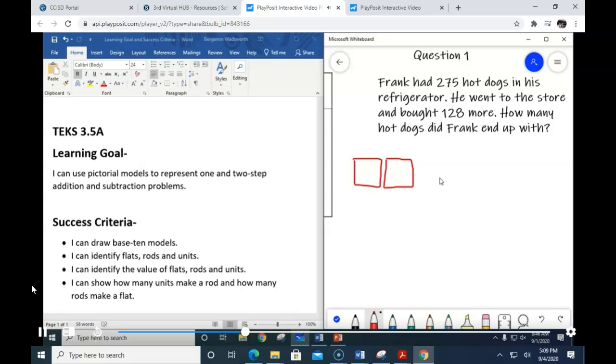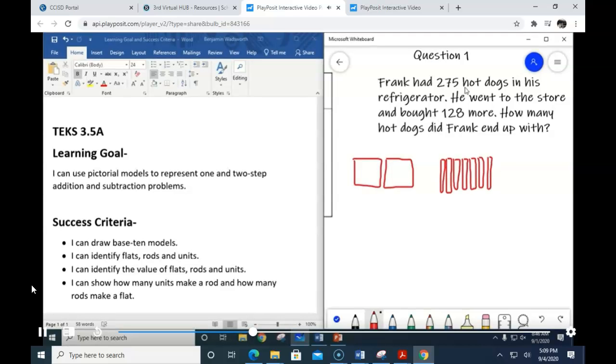Okay? Easy peasy. 100 plus 100 is 200, right? And then we have a 7 in the 10 spot. So that means we're going to have 7 rods. So I've got 1, 2, 3, 4, 5, 6, 7.